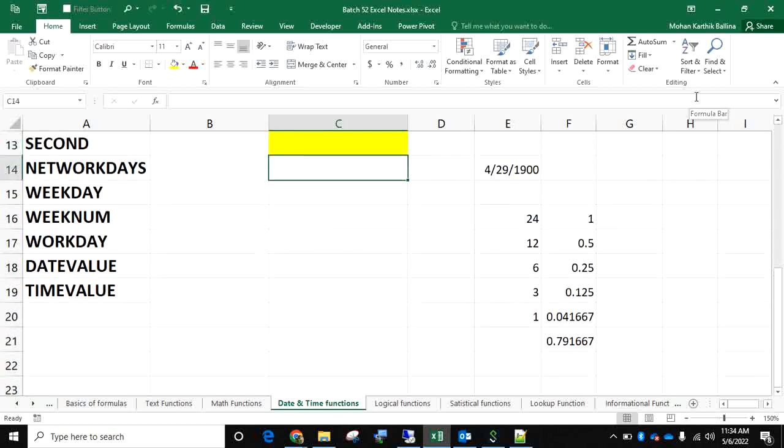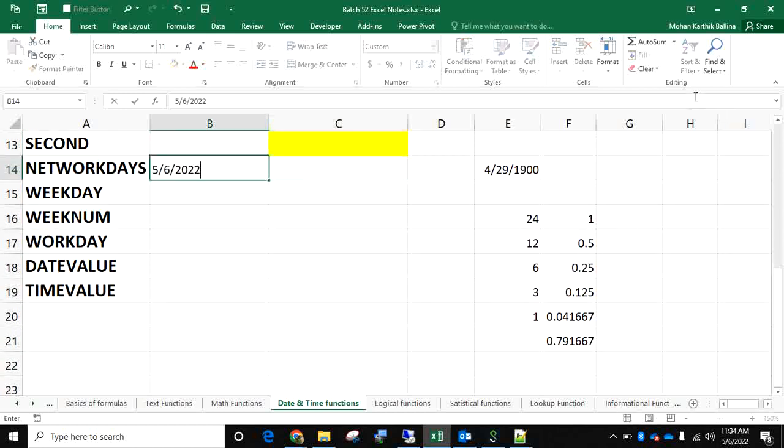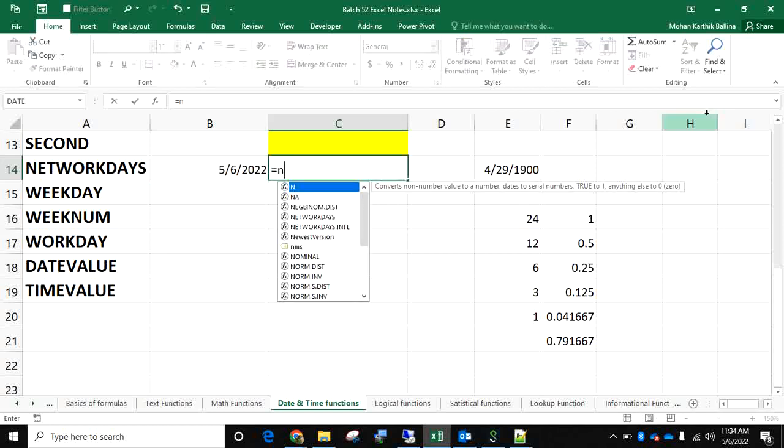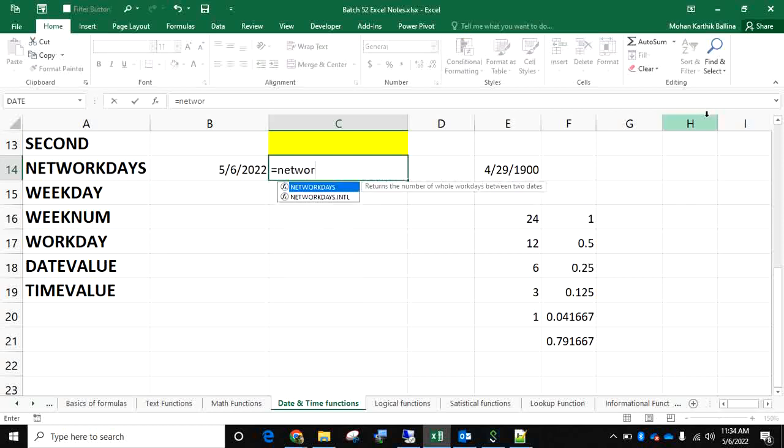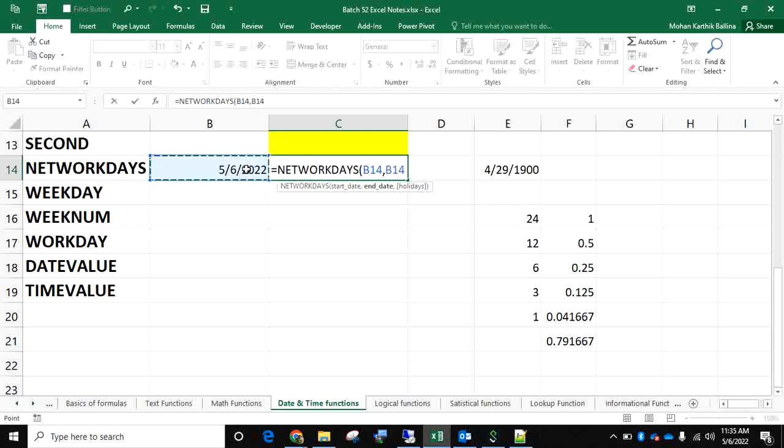Next, network days. Simple. Network days is how many days are, for example, I have started a work. This is my start date and end date is this plus 20 days. Or I'll do one thing, I'll give one more date.